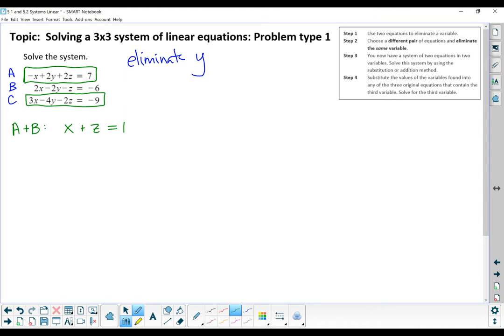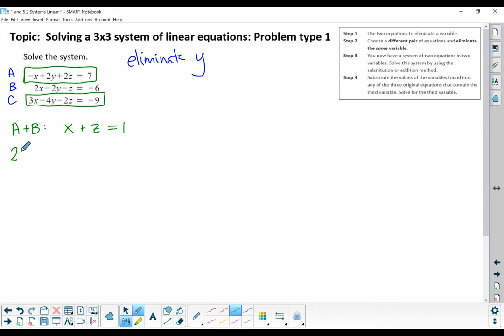The reason that I chose A and C is because in A, the y coefficient is positive, and in C, the y coefficient is negative. I like to have those opposing signs. But if I just add together A and C, it wouldn't eliminate the y.